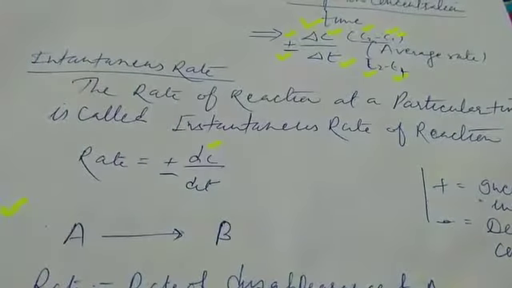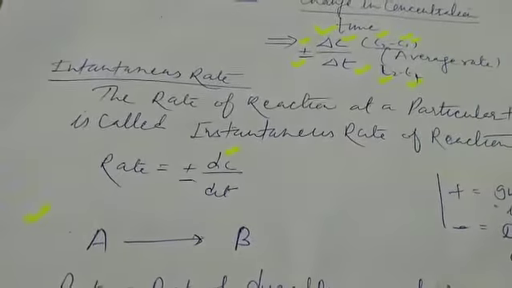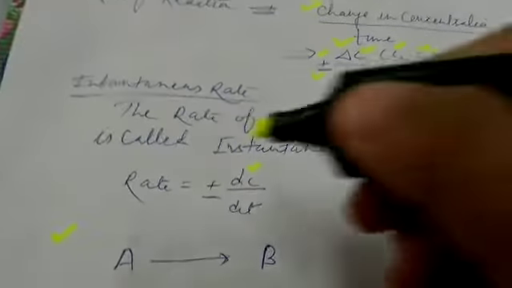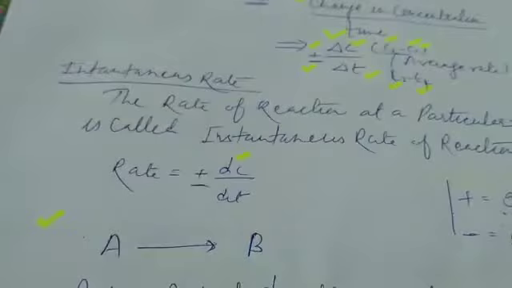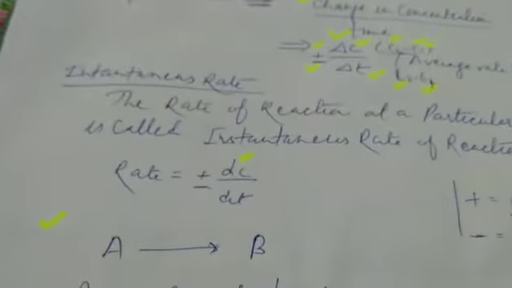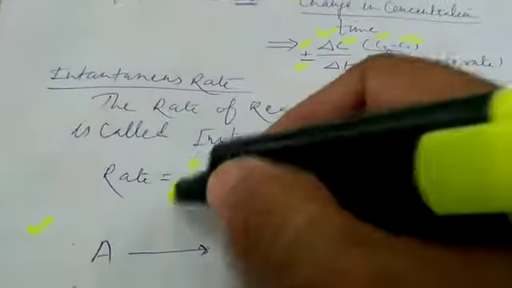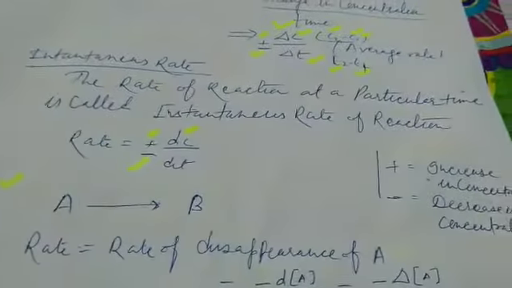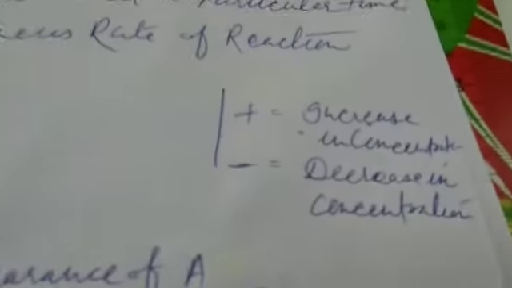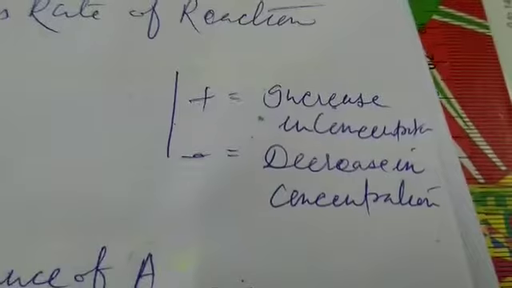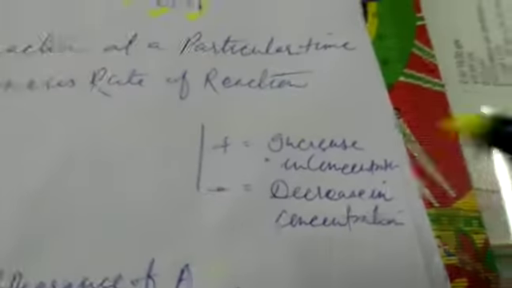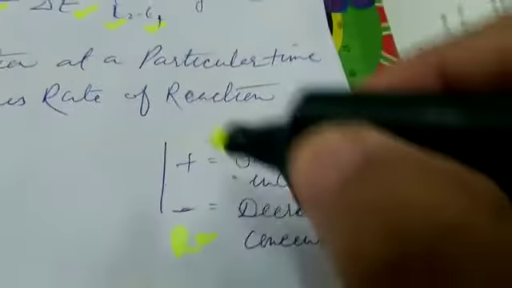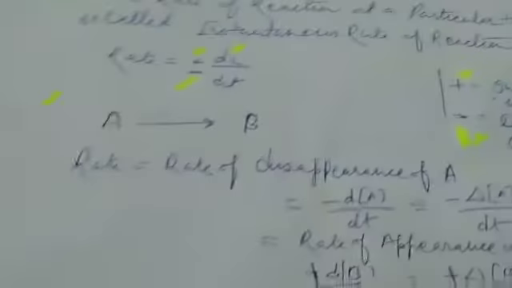The formula of the rate of reaction will be dC upon dt, where d indicates a small change in concentration. Positive sign indicates an increase in concentration, and negative sign a decrease. Decrease is for reactants and increase is for products.